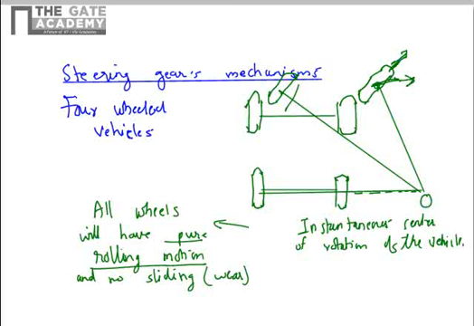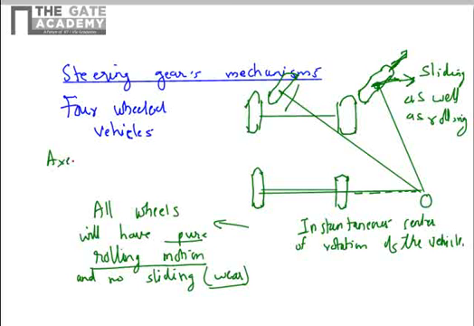So if this wheel is moving in another direction, there will be a sliding as well as rolling motion. Both kinds of motions will be present, sliding as well as rolling. So rolling motion is desired of a wheel, but the sliding motion is not desired because of wear.